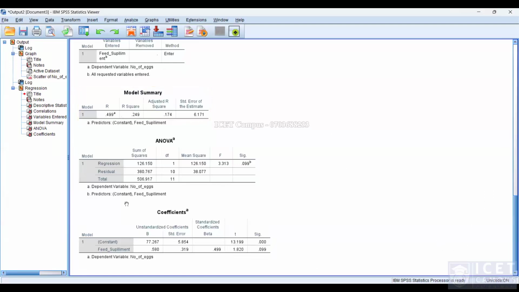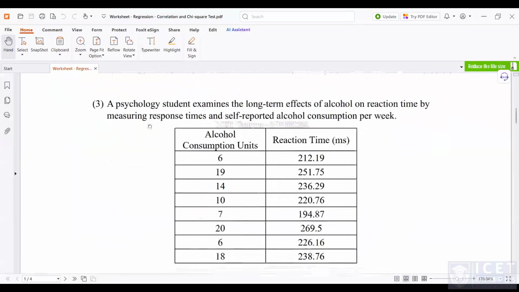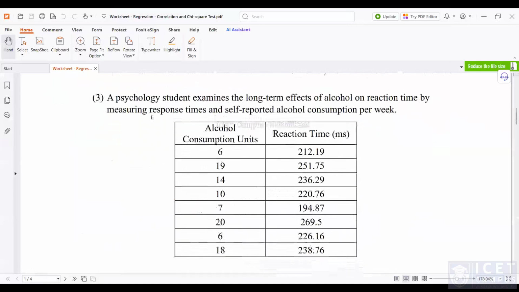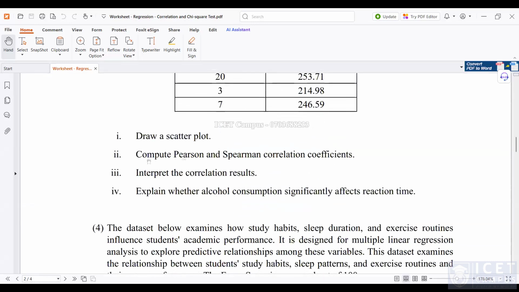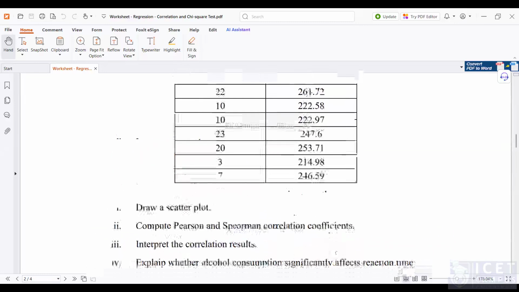Right. Then the third one: a psychology student examined the long-term effects of alcohol on reaction time by measuring response time and self-reported alcohol consumption per week. So alcohol consumption units are given here, and reaction time is also given. Draw a scatter plot, compute the Pearson and Spearman correlation coefficients, interpret the correlation results, and explain whether alcohol consumption significantly affects reaction time.